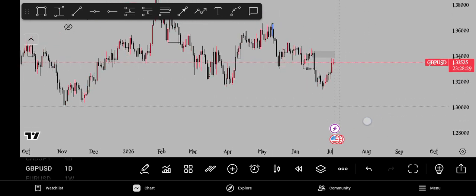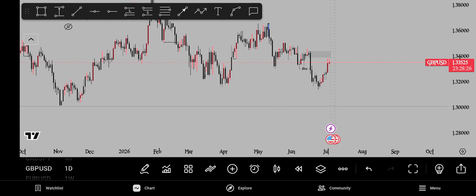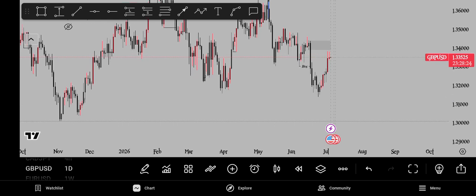So here on GBP USD on the daily time frame, if you note the recent price action, which is last week's recent price action, has been what?